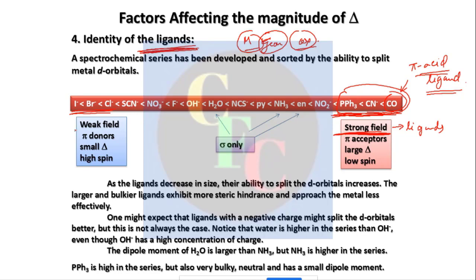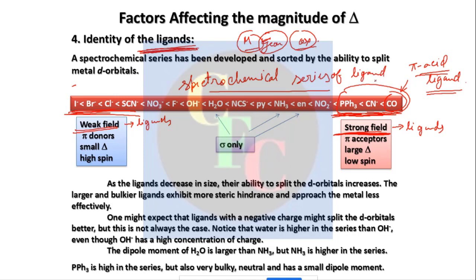And these are called weak field ligands. These are just sigma donors, and these are pi donors, and these are sigma donors and pi acceptors. This is called the spectrochemical series of ligands.